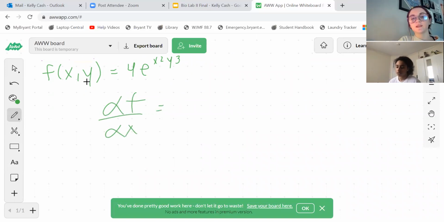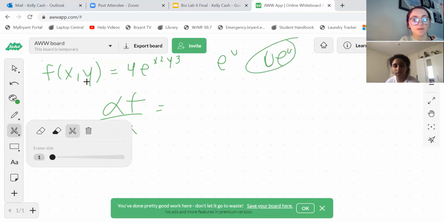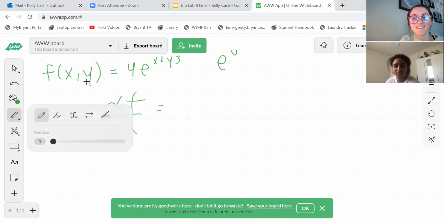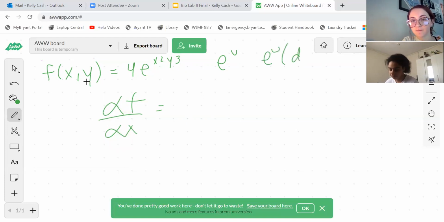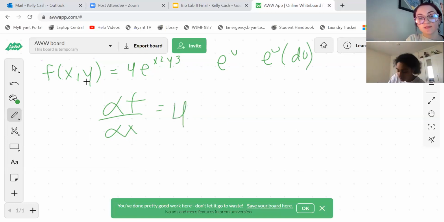So this is like an e to the u kind of thing. For these ones, the derivative is e to the u times du, right? So we keep the same e to the u, because for x squared, that's a y.